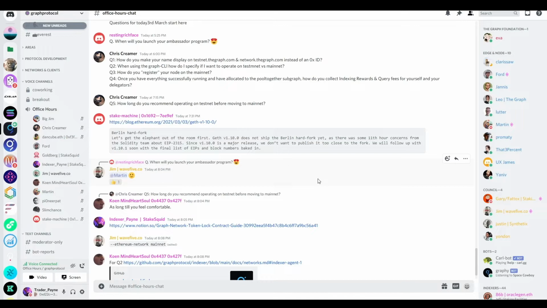Okay. Last question. Once you have everything successfully running and have allocated to the pool together subgraph, how do you collect indexing rewards and query fees for yourself and your delegators? I would like somebody else to take this question, please. Any number of people here can answer that. I want more people to interact, if possible.